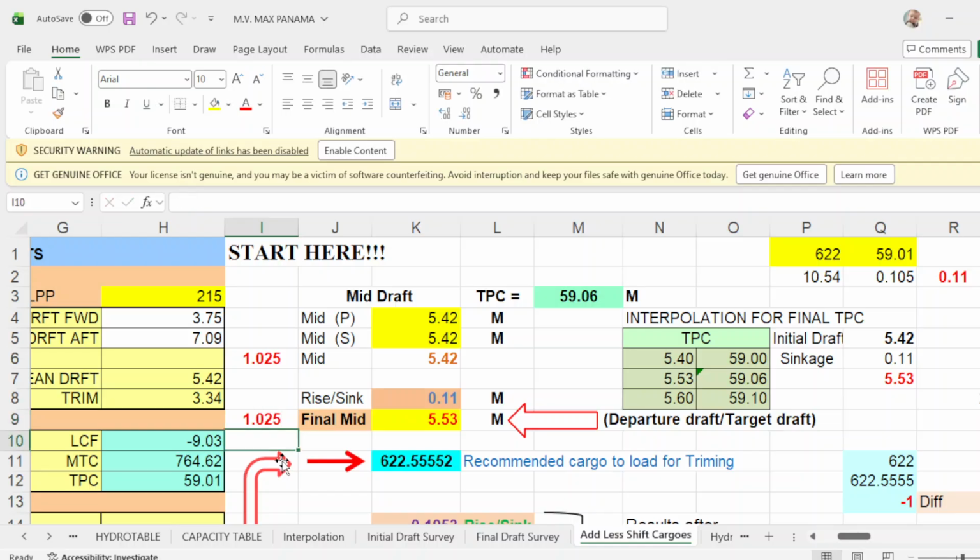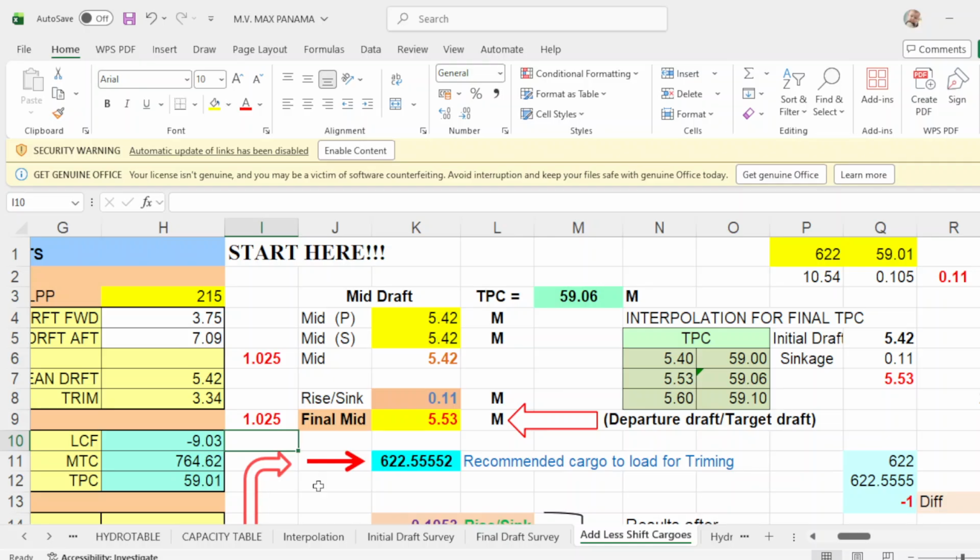Since your mean draft is 5.42, for example, the actual draft at mid port is 5.42, mid starboard is 5.42. So your mid draft is 5.42. Now your final departure draft is 5.53. What is 5.53? How did I get this 5.53?